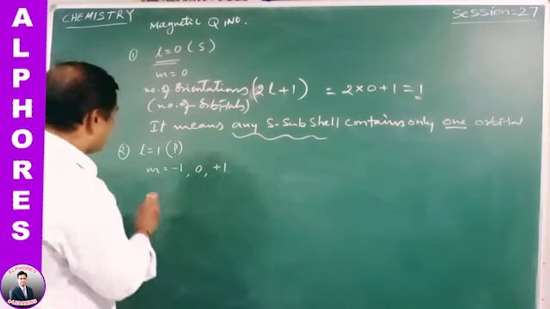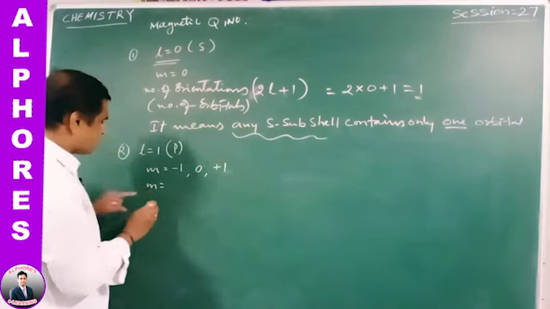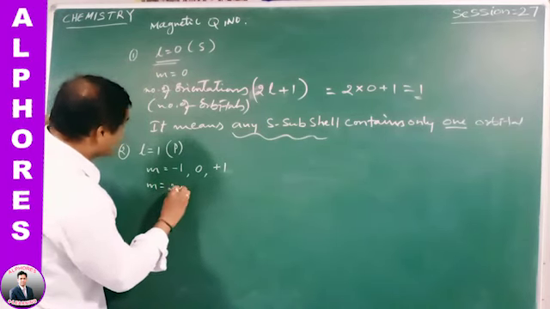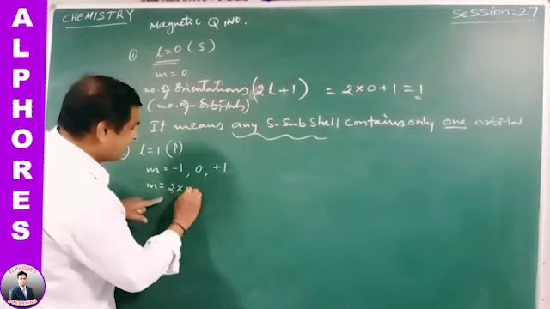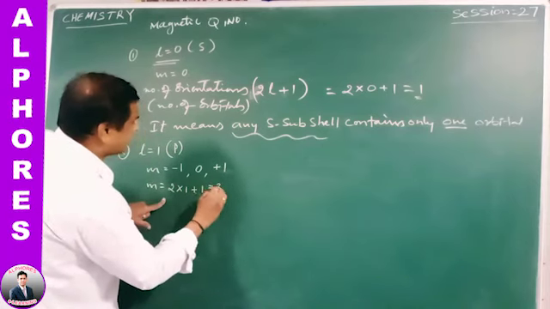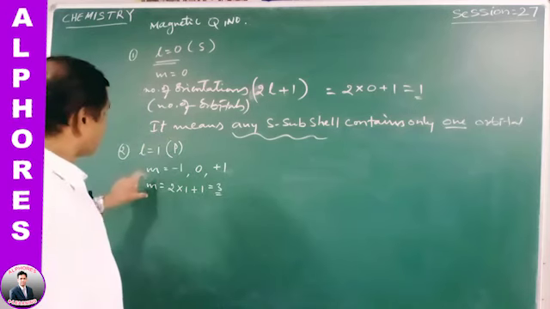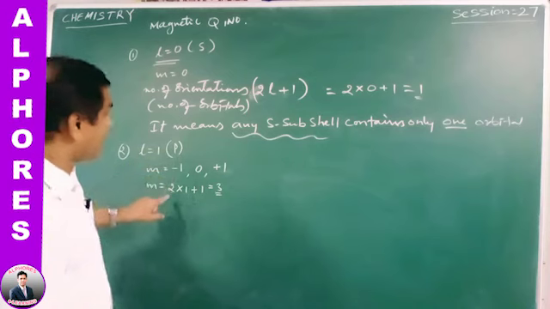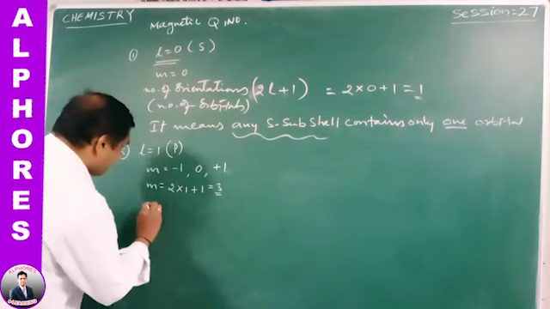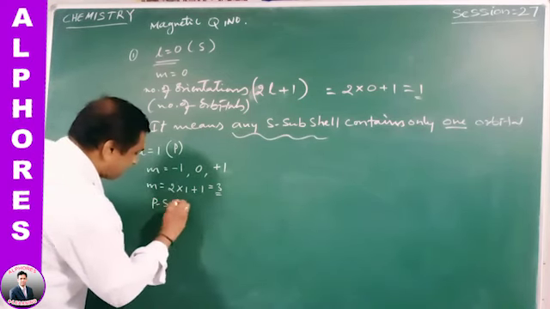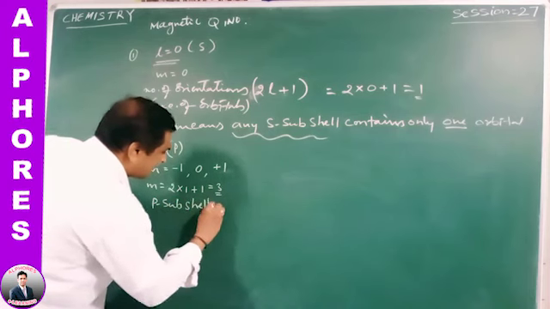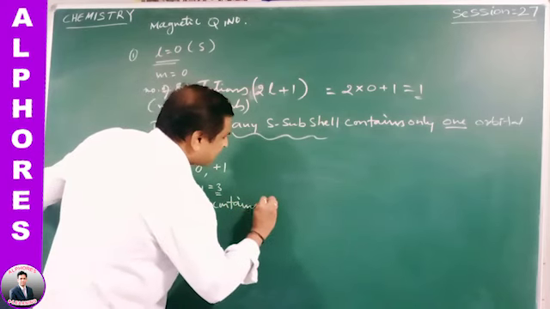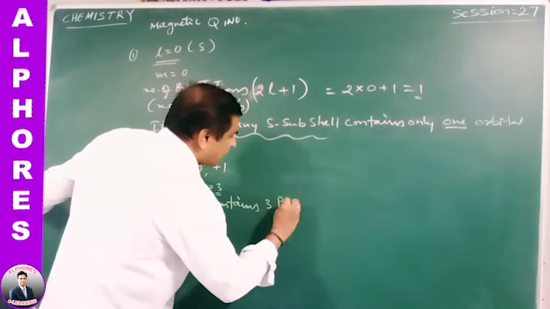What is the total number of orientations? It is 2L plus 1, 2 into the L value 1, plus 1, that is equal to 3. It means the subshell with L equal to 1, that is the P subshell, contains 3 P orbitals.